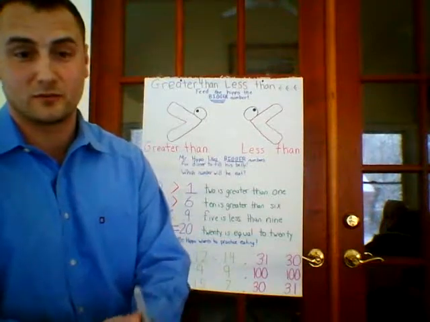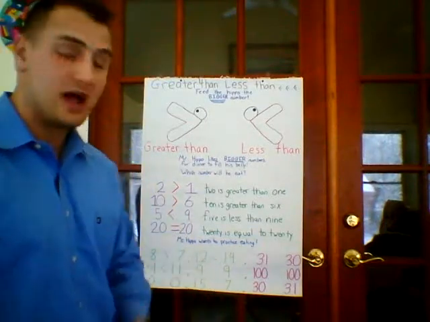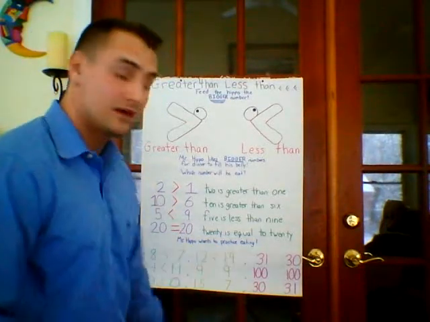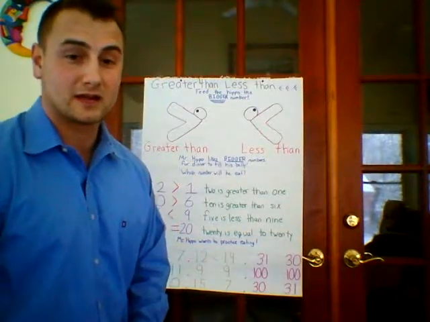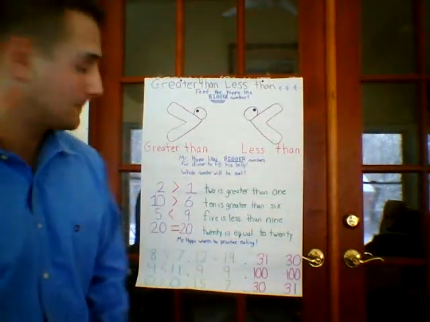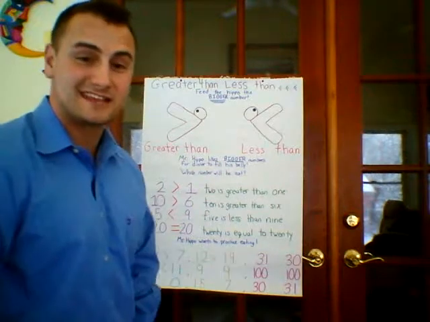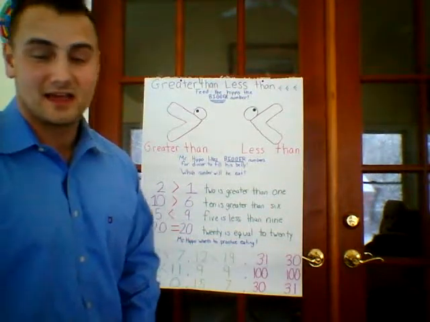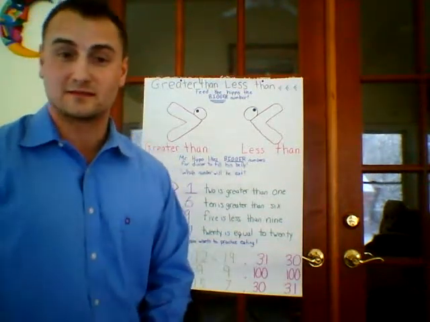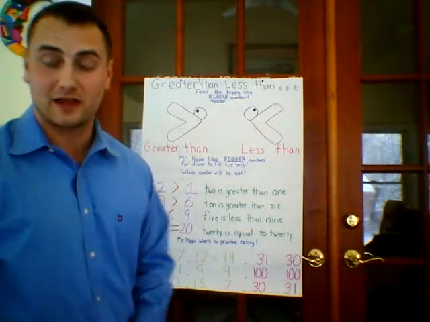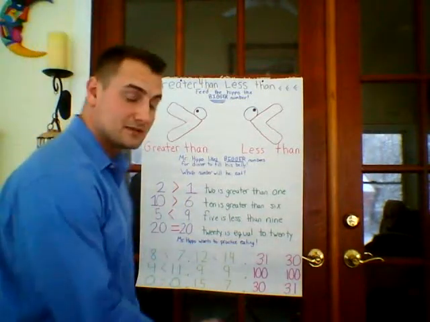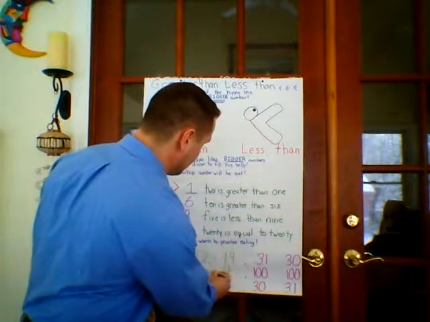The class might give her a round of applause. It's a fantastic job that she got this correct in her first try. I'm going to give positive feedback to her. The next problem is 9 and 9. Yes, Brett? 9 equals 9, correct. Very nice job, and I'll simply draw an equal sign in between them.